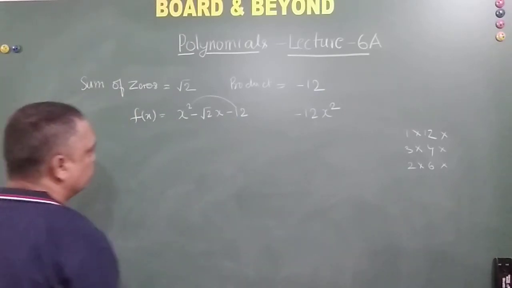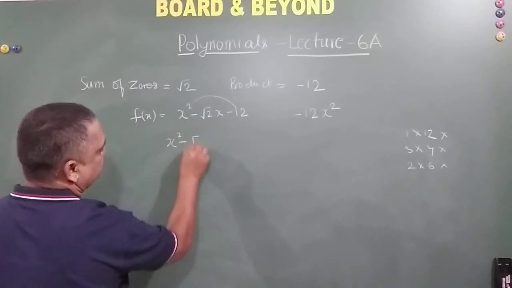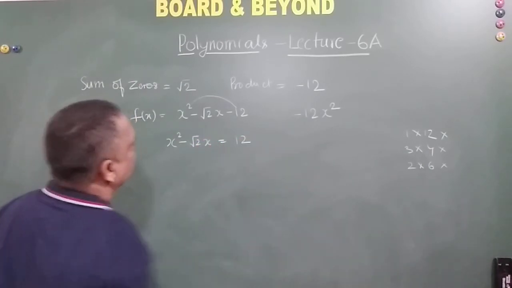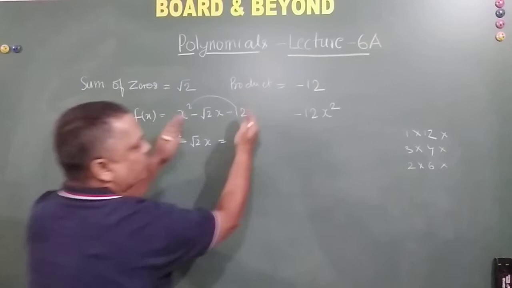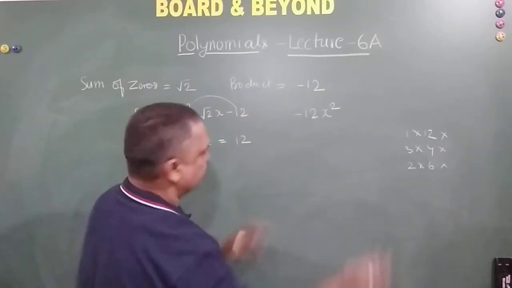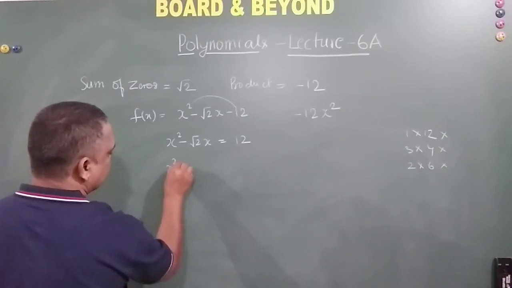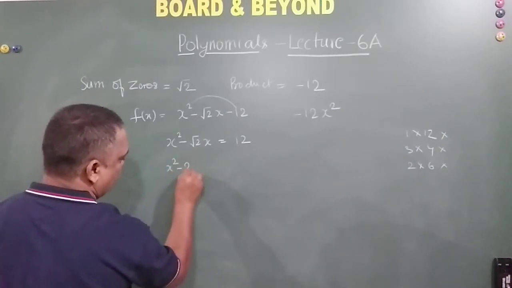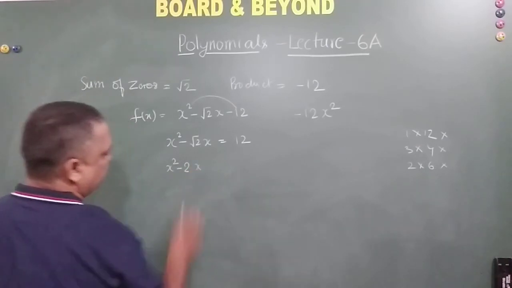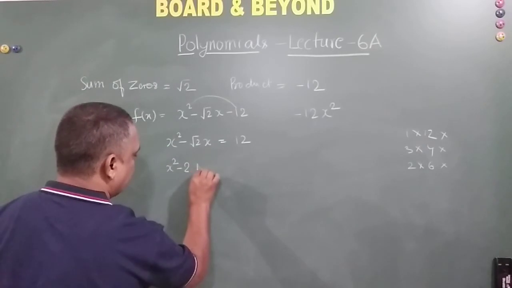Now what do we do? We try the method of completing the squares. x square minus root 2 x is equal to 12. What I have done, my friends, is equated it to 0 and then taken 12 on the other hand side, that is the right hand side. Right? Now this is x square minus 2 into x. 2a, a is 1, sorry. a is 1.